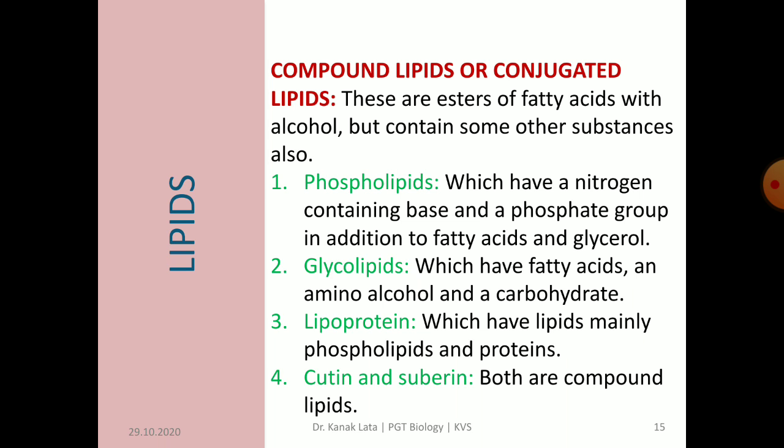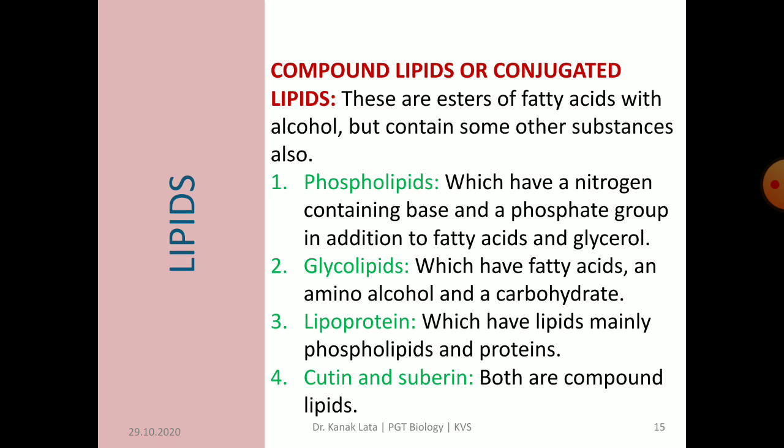First is phospholipids, which have a nitrogen containing base and a phosphate group in addition to fatty acids and glycerol. The second one is glycolipid, which has fatty acids, amino alcohol and a carbohydrate.